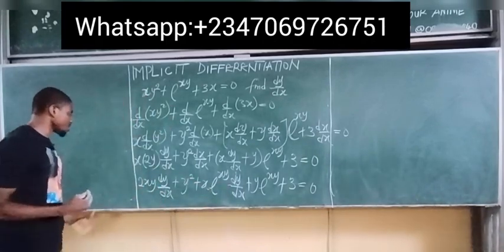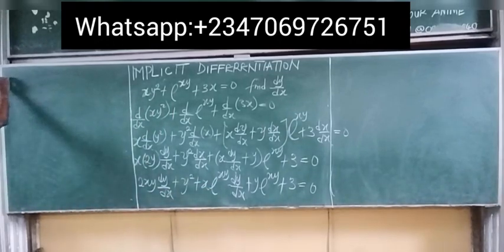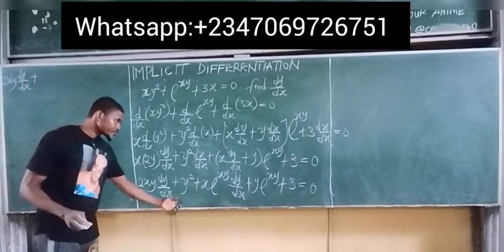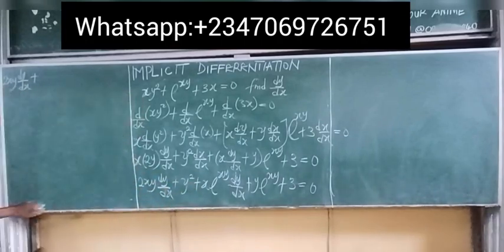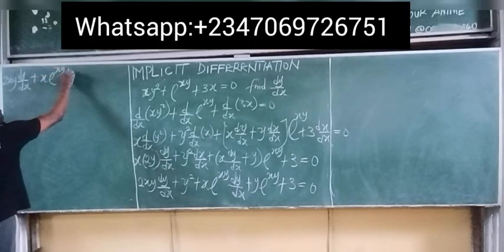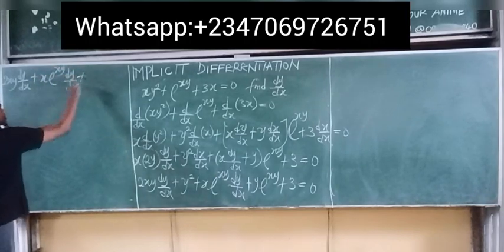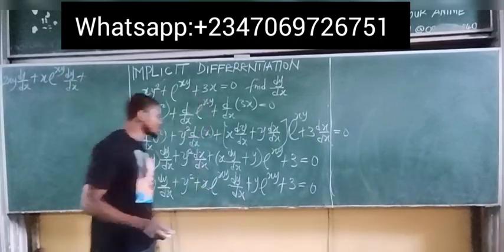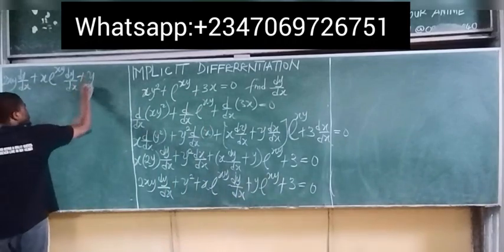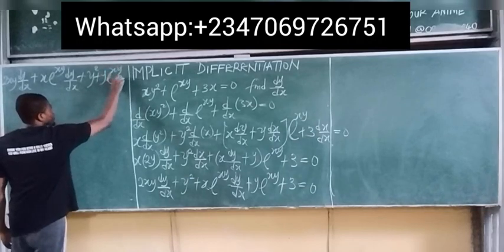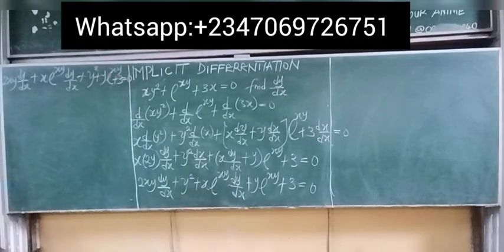So we collect those two like terms and we simply have 2xy dy/dx over the dx plus x e^(xy) dy/dx over the dx plus y squared plus y e^(xy) plus 3, and this is equal to 0.